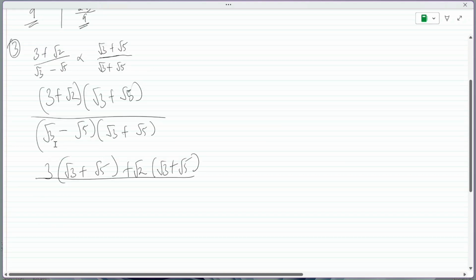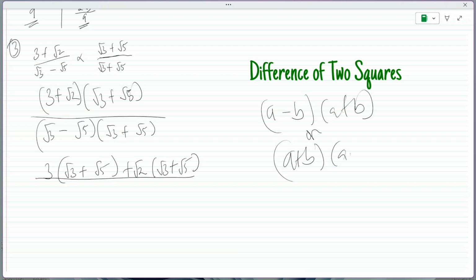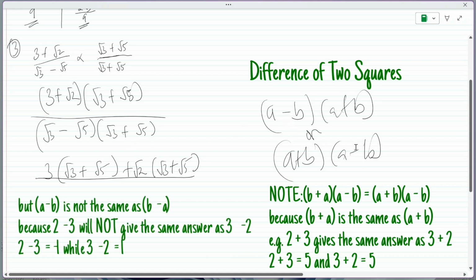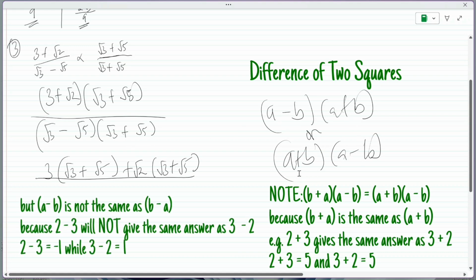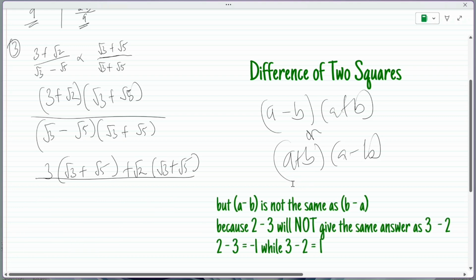For the denominator, if you have a very good eye, you will notice that this is a difference of two squares. In the sense that you have a minus b, a plus b, or a plus b, a minus b. What changes is the sign. One has a negative, the other has a positive, or the first has a positive, the second has a negative. The numeric values or the surds values are the same.